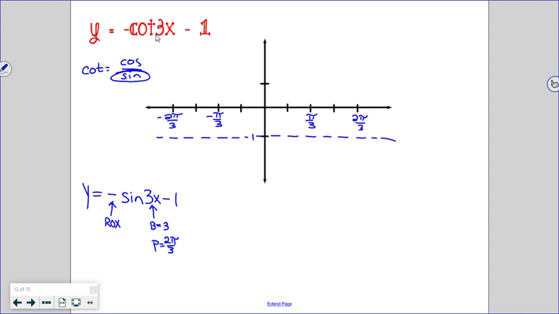So now I'm going to draw a sine curve with an ROX there. So my sine curve starts on my midline. Over 1, down 1 because of the ROX. The ROX is not actually going to change. Make sure you get that when you get your cotangent curve going.